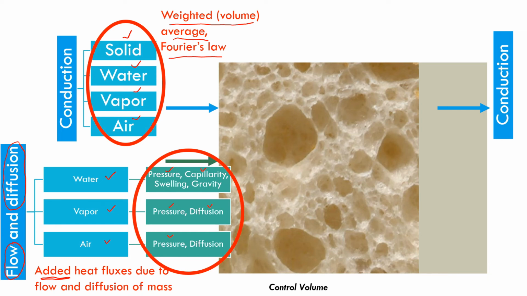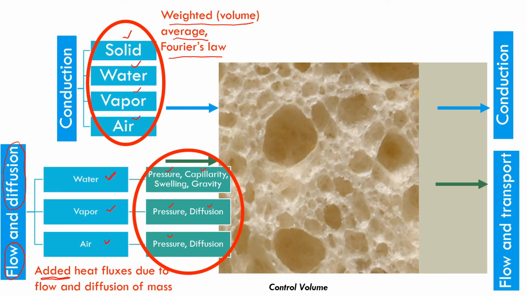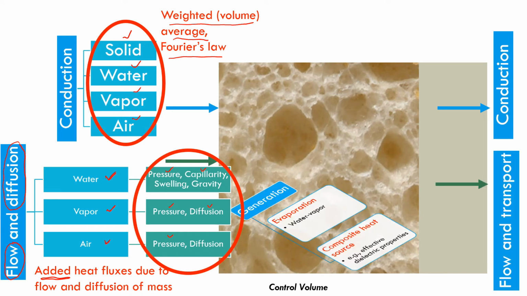The heat carried by each one of them, water, vapor, and air, are added. And then in the source term or generation term, we have the composite heat source. So let's say it's microwave heating, then the heat generated is going to be some sort of a volume averaged over all the phases.